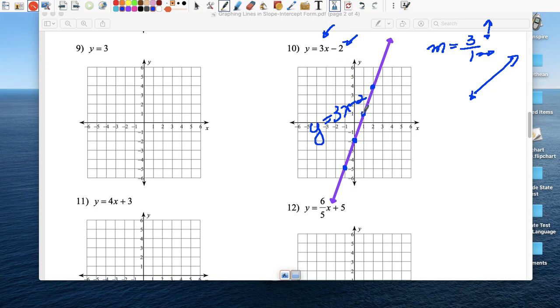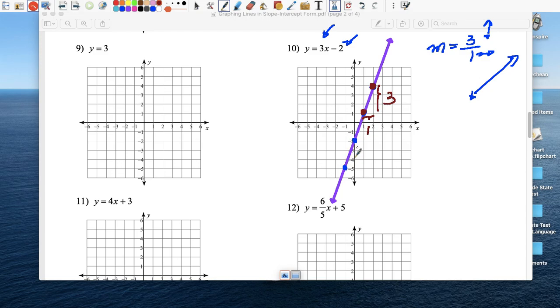Look at these 2 points right here. If you look at this distance right here, that's 1. And if you look at this distance right here, the height, the rise, is 3.